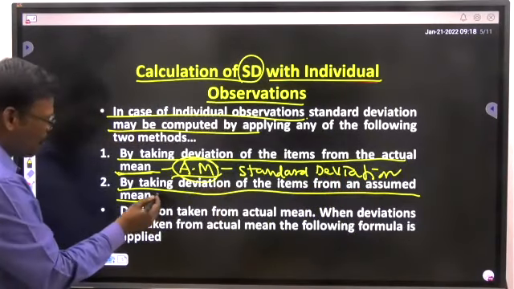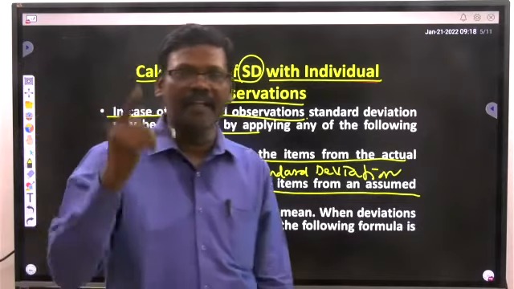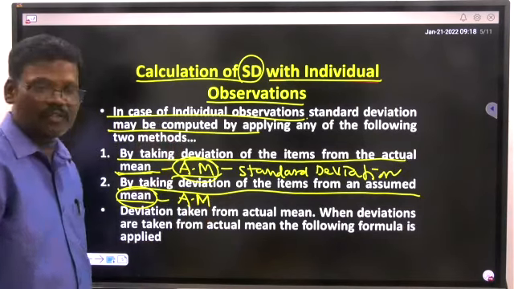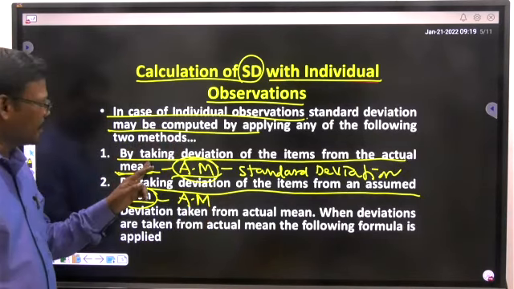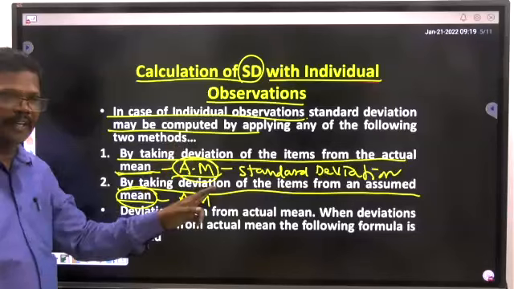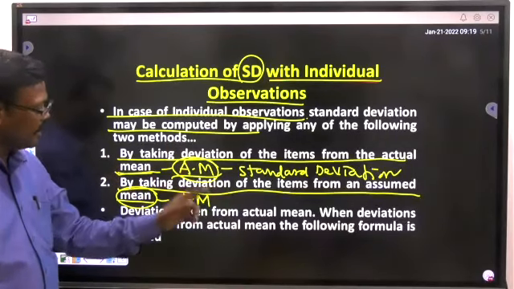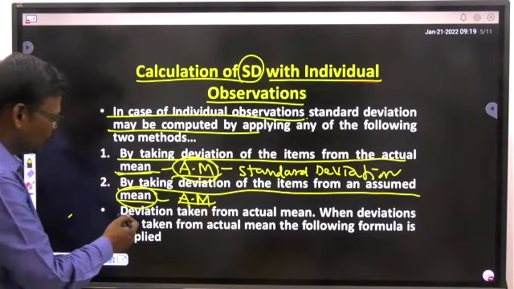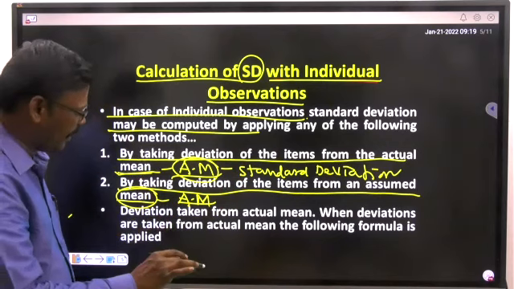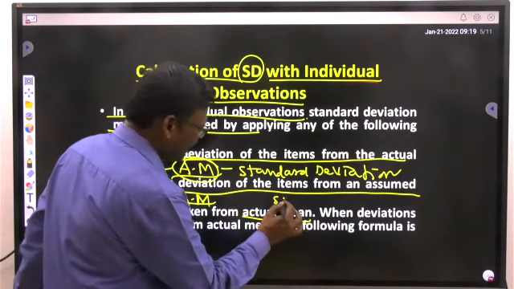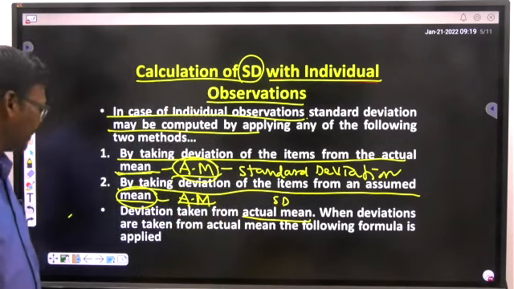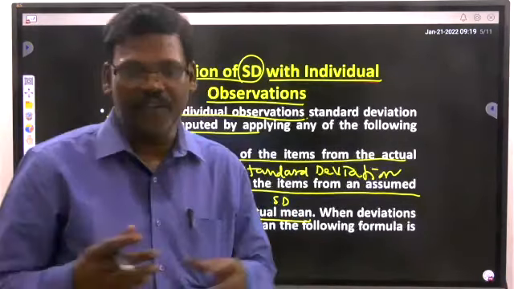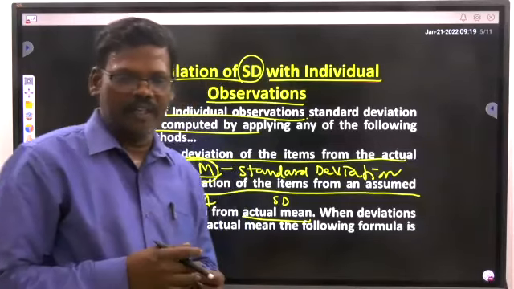Please remember, what type of mean are we assuming? Generally the arithmetic mean. So the deviation taken from the actual mean gives the standard deviation. When the deviations are taken from the actual mean, we can use the following formula.